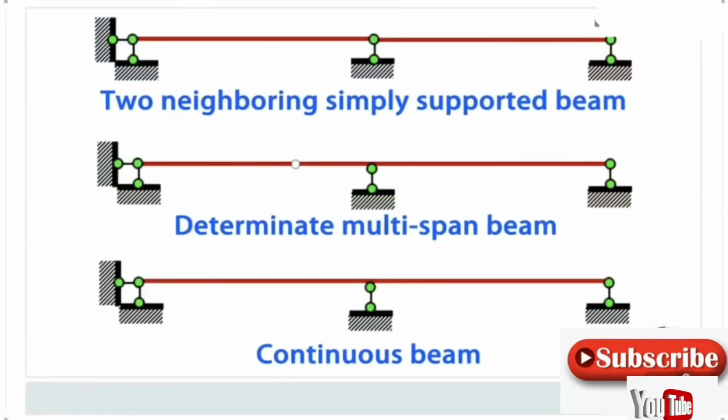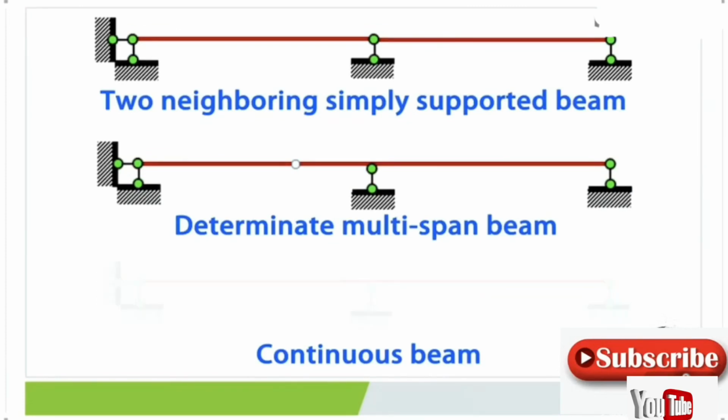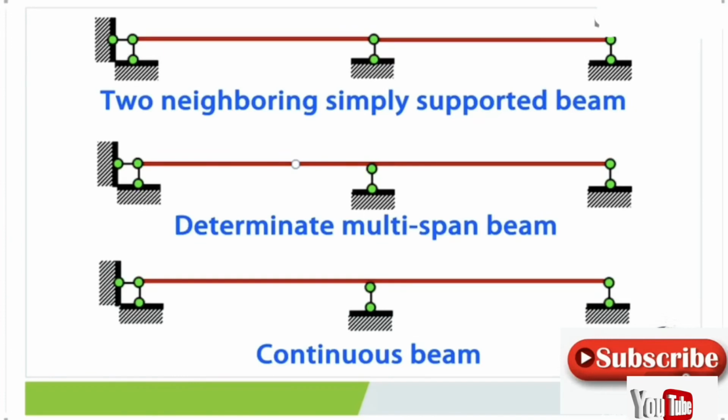Look at these 3 models. The first one is 2 neighboring simply supported beams. This model is a determinate multi-span beam. This is a continuous beam. They have different constraints.